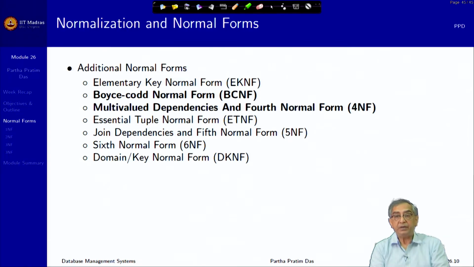Obviously, we will not have time to discuss all of them, but the highlighted ones, BCNF and 4NF, we will discuss in a later module, because they need some more of the functional dependency theory, particularly the 4NF. The first, second and third normal forms can be understood totally in terms of the functional dependency theory that you have already learned.